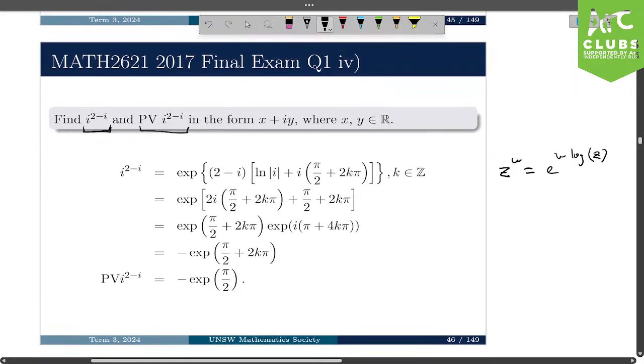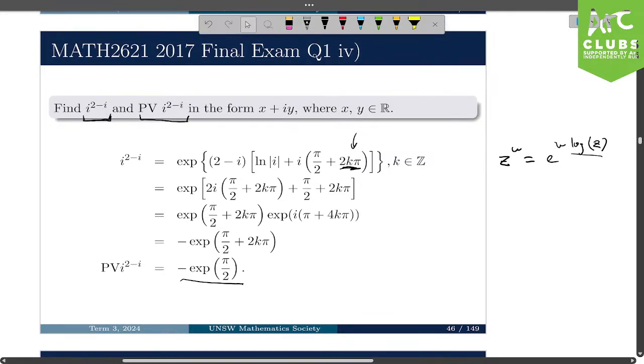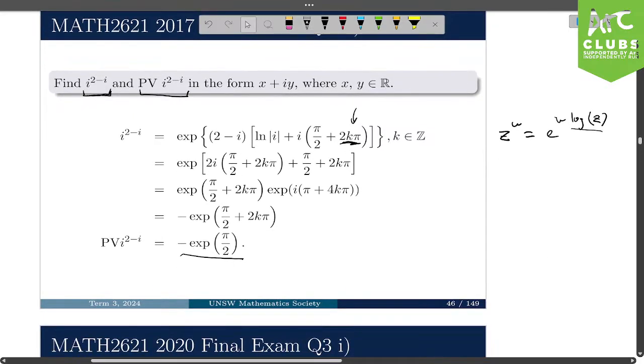So when we plug that in, and we recall that the multi-valued log is separated by multiples of 2 pi i, and we simplify, we get this, right? So minus e to the power of pi over 2 plus 2k pi. The principal value of that is just going to be the same thing, but without this multiple of 2 pi added on. So just minus e to the power of pi over 2.